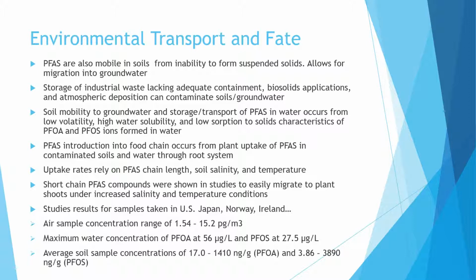In soil samples, the average concentration was 17 to 1,410 nanograms per gram for PFOA and 3.86 to 3,890 nanograms per gram for PFOS. So clearly, in soil samples, there's a very vast range of concentrations that you can find there.